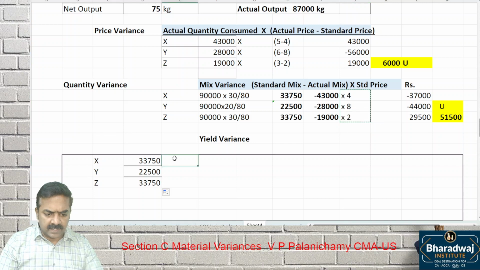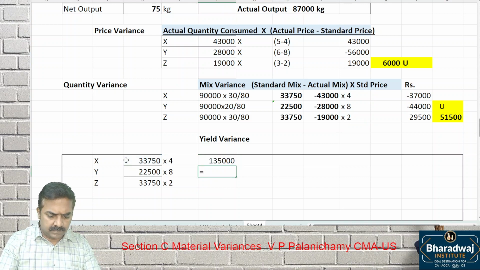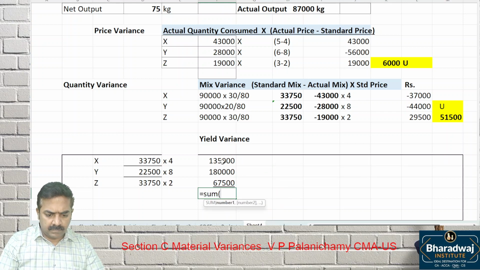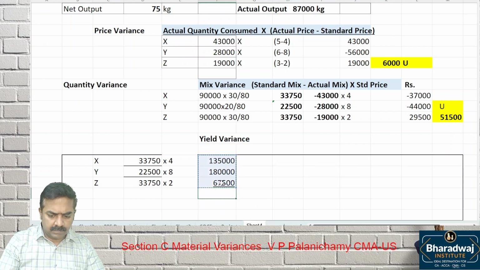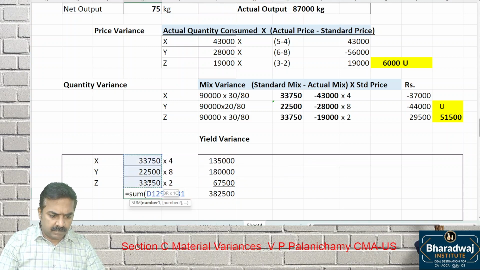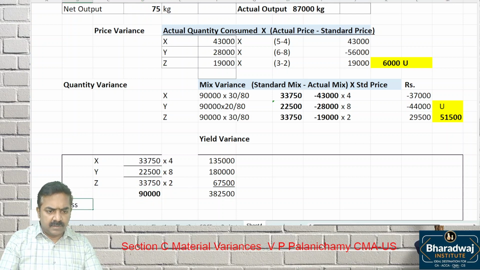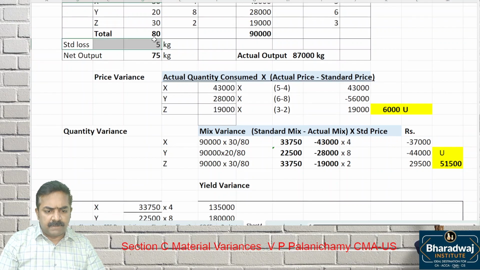This is the standard price allowed. Minus what is the loss allowed? Loss allowed 5 for 80.